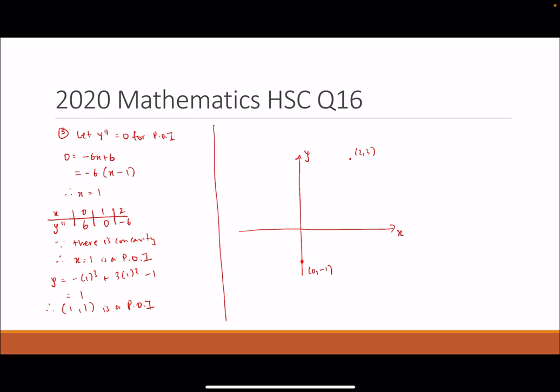All we have to do is connect the two. This goes down, and then this goes up. And our point of inflection is right in the middle at (1, 1). Okay, so this is how we use differentiation, or calculus, to sketch curves.